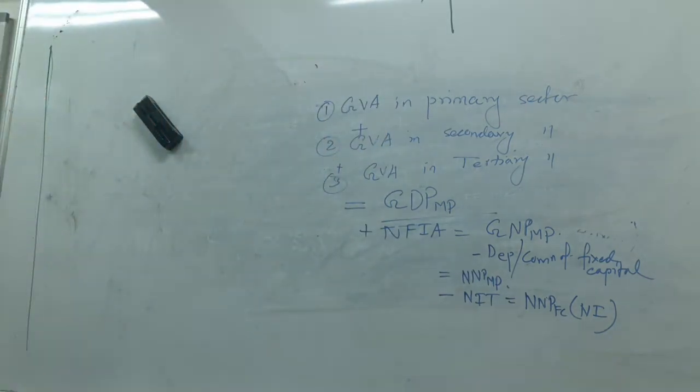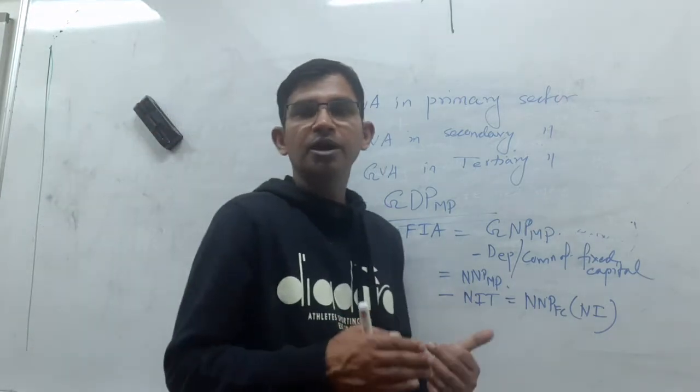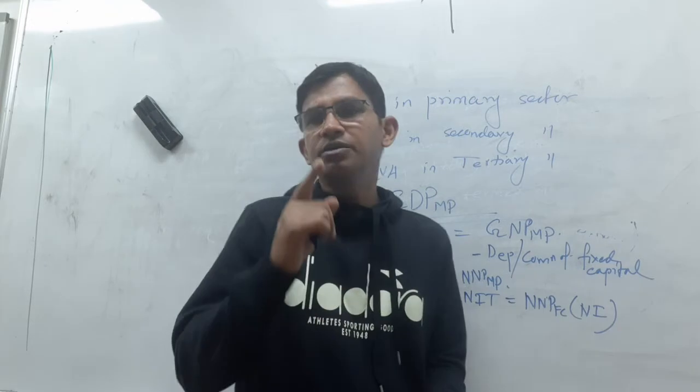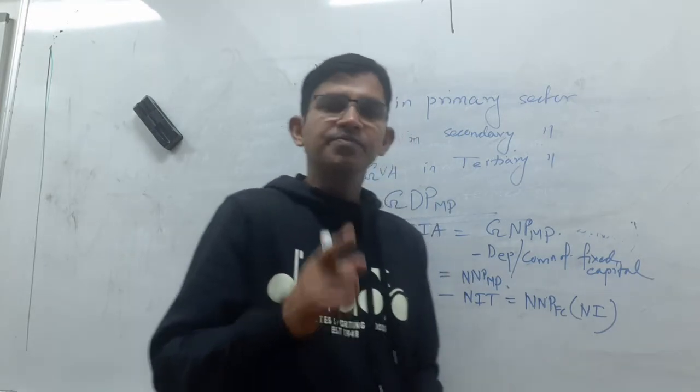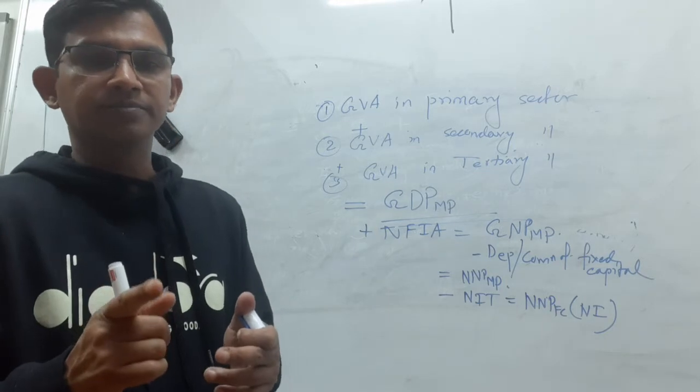So in this way, we completely avoid any possibility of double counting of any commodity, because we are just considering the value added in each stage of production.